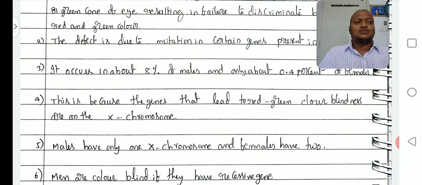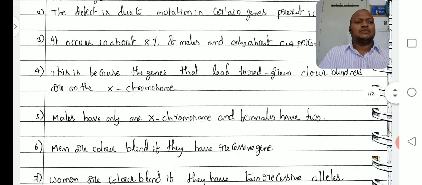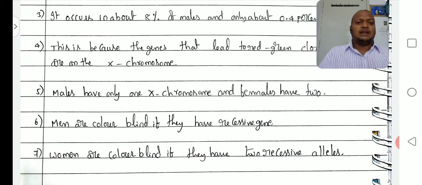Both X chromosomes must be defective, and only then will color blindness be expressed in females. The point given here: males have only one X chromosome and females have two, and men are color blind if they have a recessive gene. Women are color blind only if they have two recessive alleles. In men, one recessive allele is enough for expression. How many recessive alleles should be present in women? Two recessive alleles.